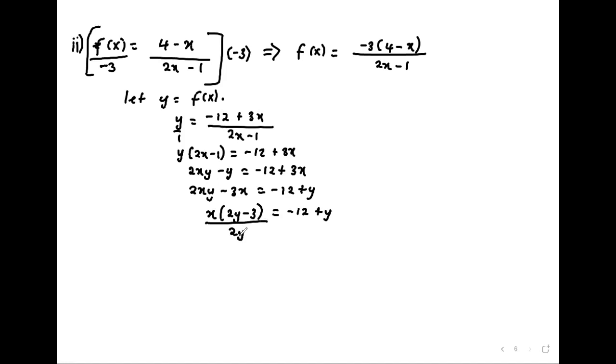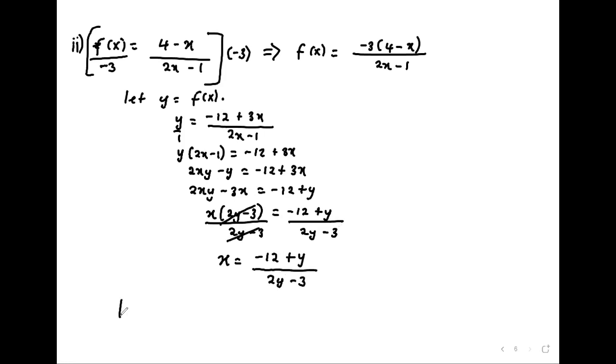Divide by 2y minus 3, so this gets cancelled. So x is -12 plus y over 2y minus 3.